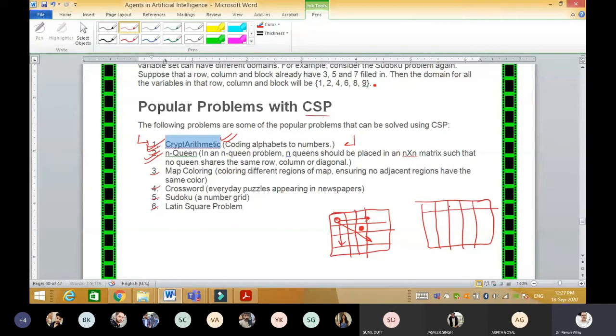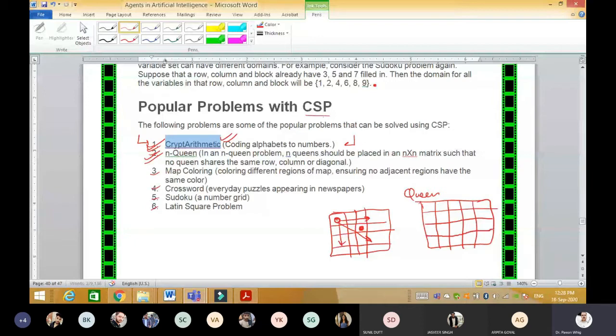On 8 by 8, how many maximum queens can you place? This is the problem, this is the constraint, such that no two queens cancel each other.